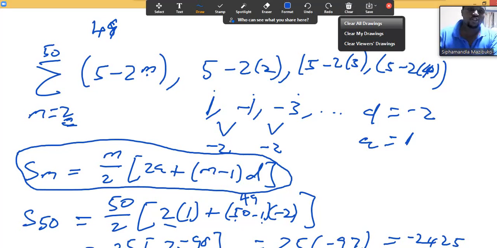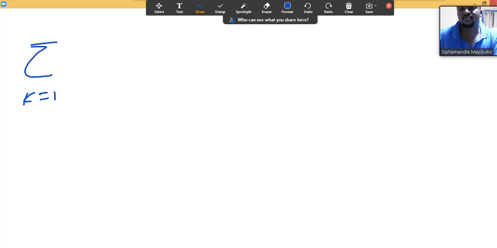Okay, so let's look at our next example of the same thing. We're looking at the summation of k equals 1 to 46 of 3k plus 1.